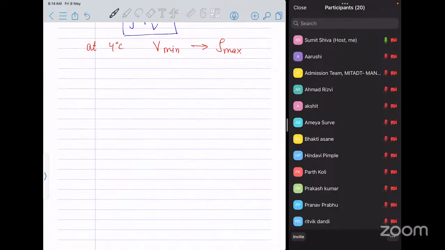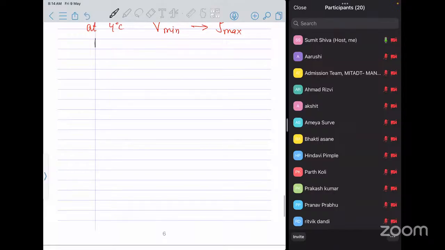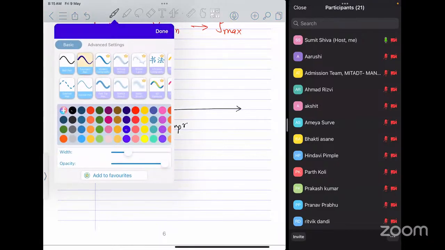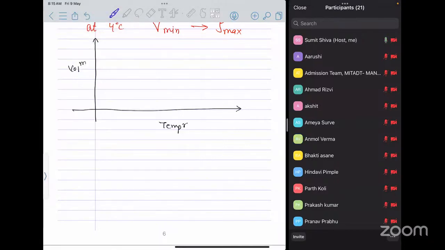The question will be, what is the proper plot for density and temperature or volume and temperature for water? And the graph will go like this. Let's say here we have temperature and here we have volume. So what will be the behavior of the graph? If this temperature is 0, so volume has to be somewhere.